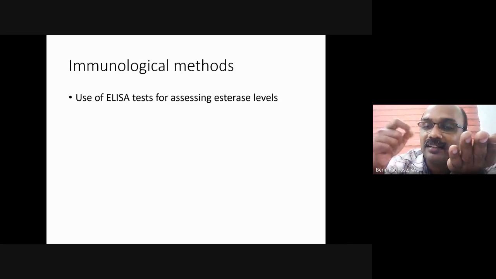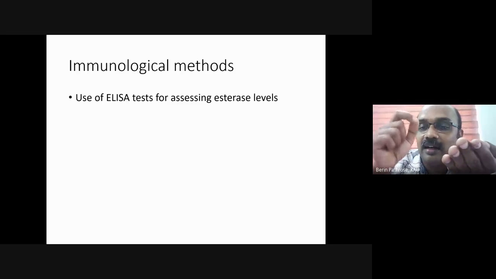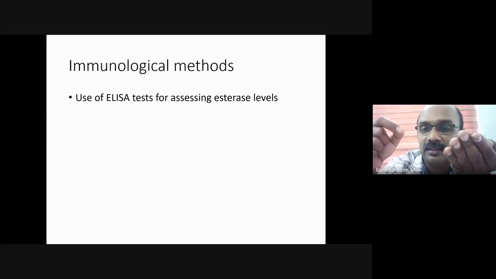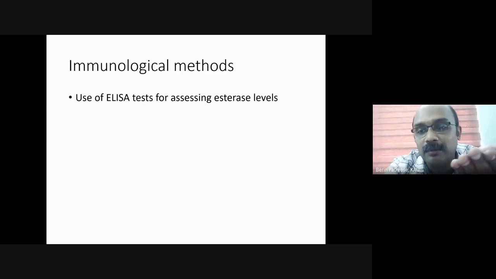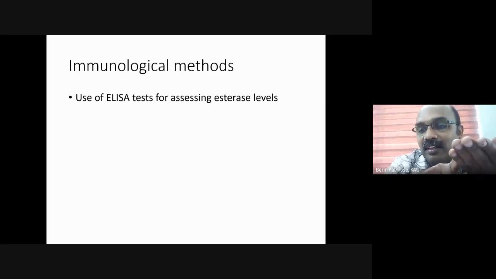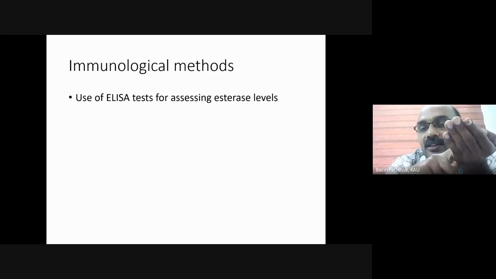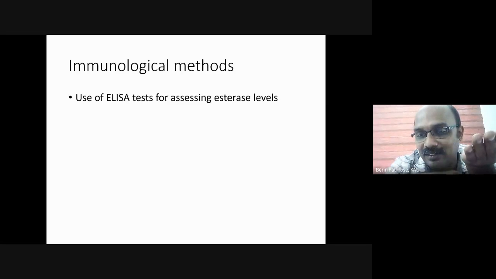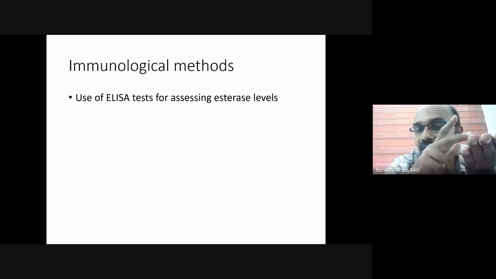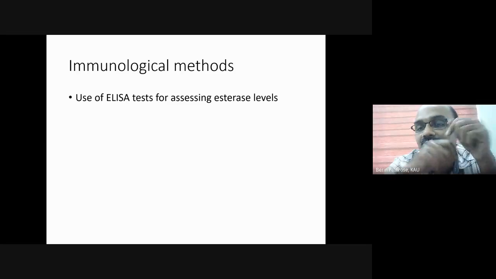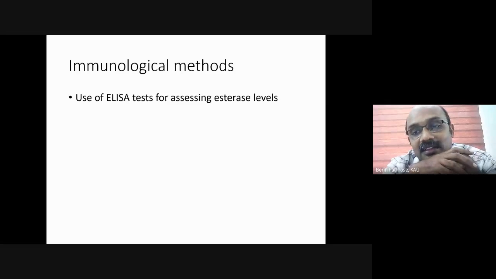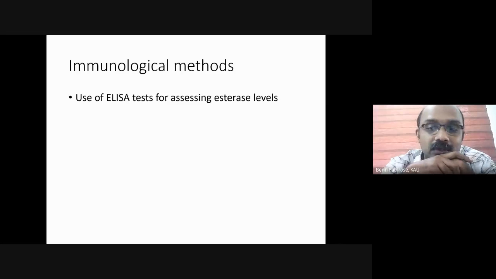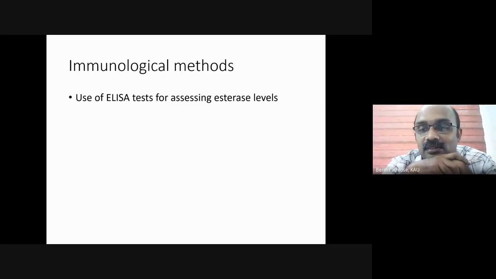We crush the insect and put a drop of the crushed body onto that filter paper. If esterase is present, it will bind with the substrate and develop a color. Compare it to the susceptible one, and we can say whether the insect has a higher level of enzyme. Understood?